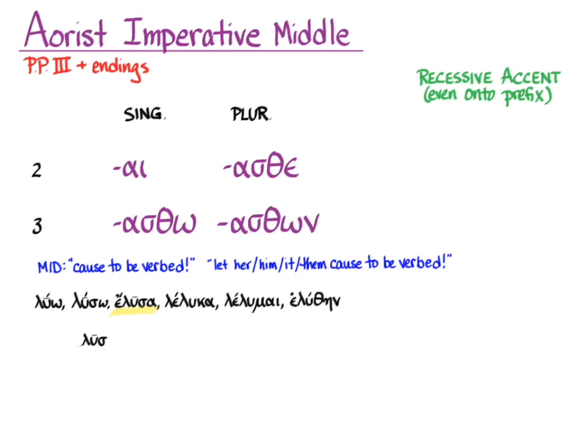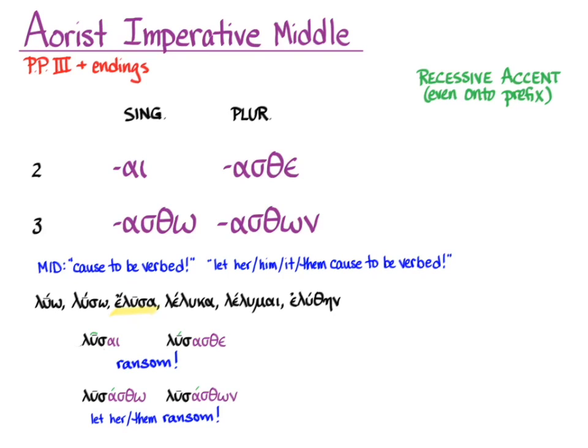We take off the augment and put on our new endings and put on our recessive accent. And we get lusai, lusasthe for ransom. And we get lusastho, lusasthone for let her ransom and let them ransom.